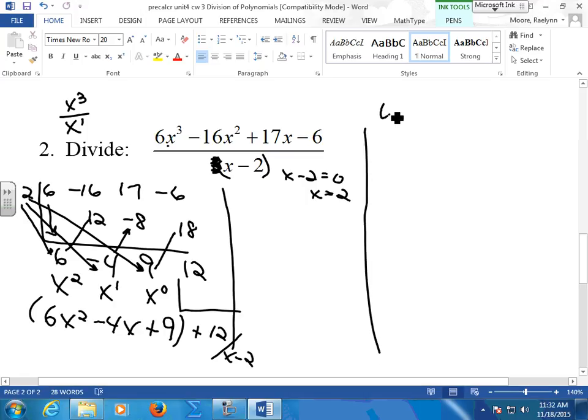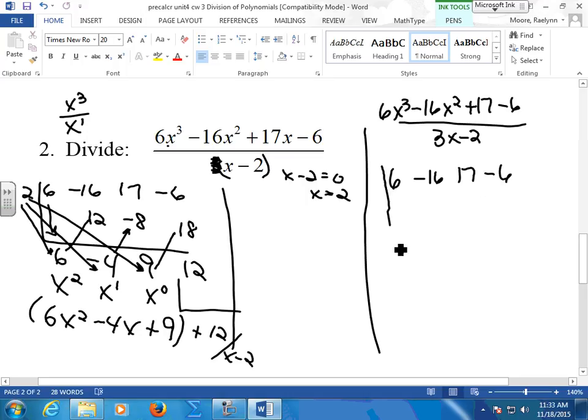Okay, now we're going to divide this with that other denominator. Okay, we start by taking out the coefficients. 6, negative 16, 17, negative 6. We start out the same way. I didn't need that big of a thing.